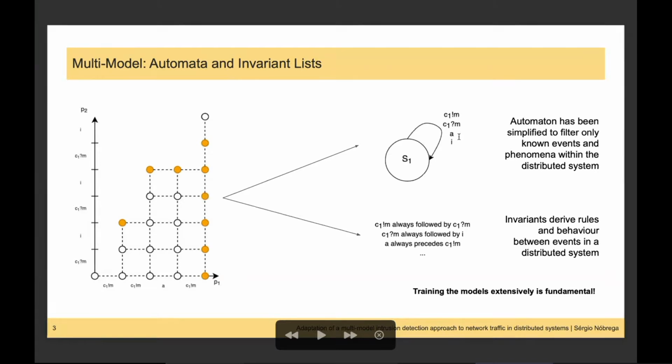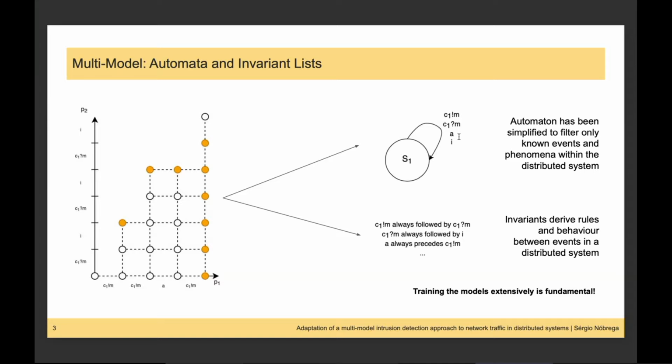But here, what we decided, taking into account that we are moving into a pure network scenario in which there's just thousands and thousands of packets going in and out, and we don't really know if, for example, a bit of delay in one means that the automaton will be respected, and also because the other model is also very complementary to what a full automaton would be able to do.